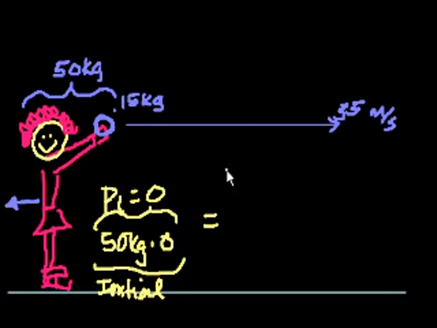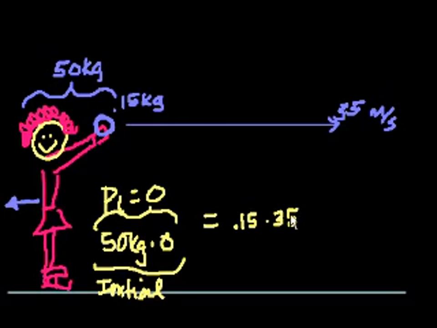So what's the momentum later? Well, we have a ball moving at 35 meters per second, and the ball has a mass of 0.15 kilograms. I'll ignore the units for now just to save space. So 0.15 times the velocity of the ball, 35 meters per second.